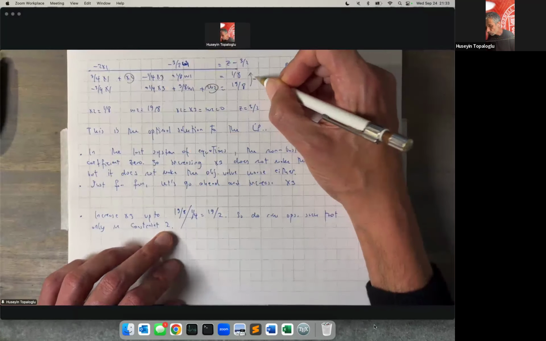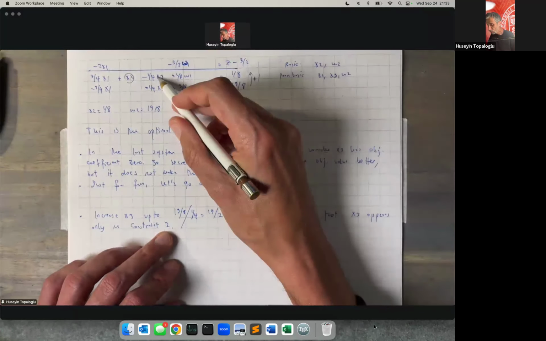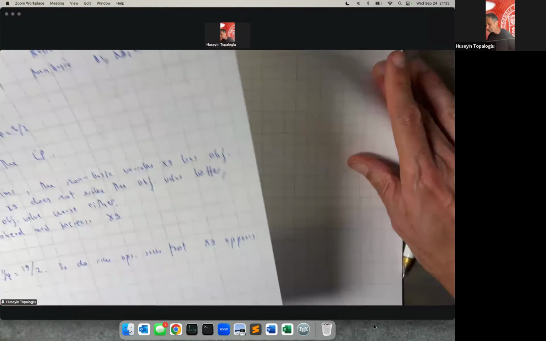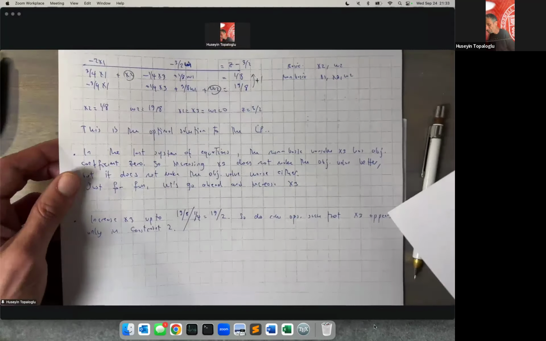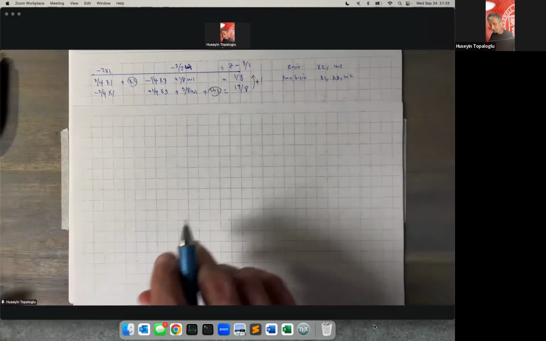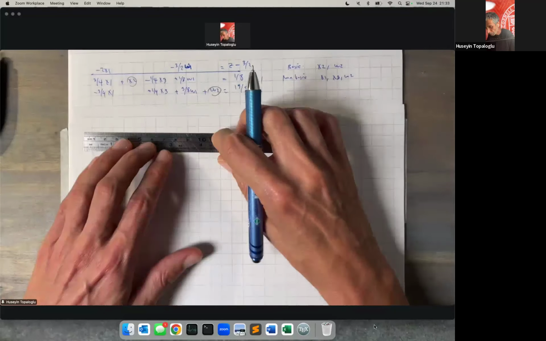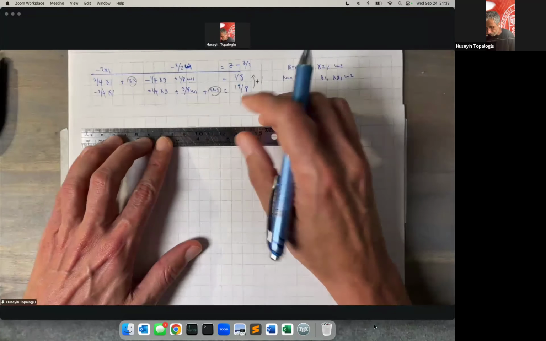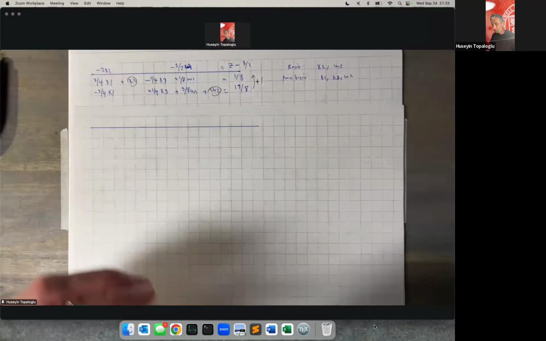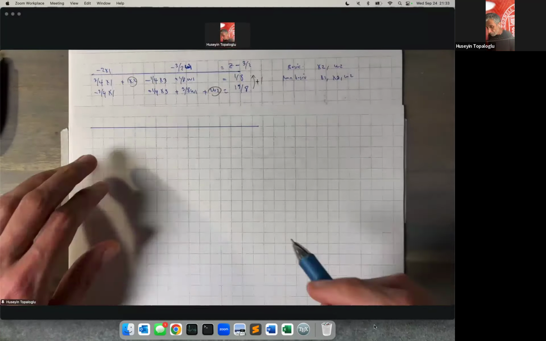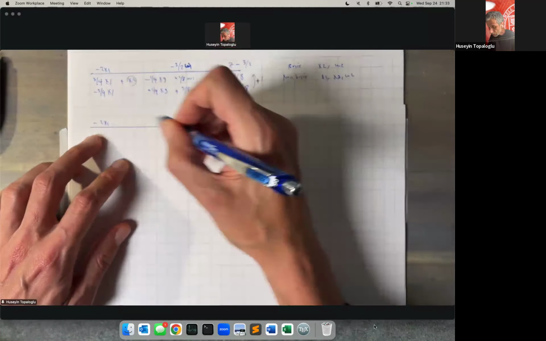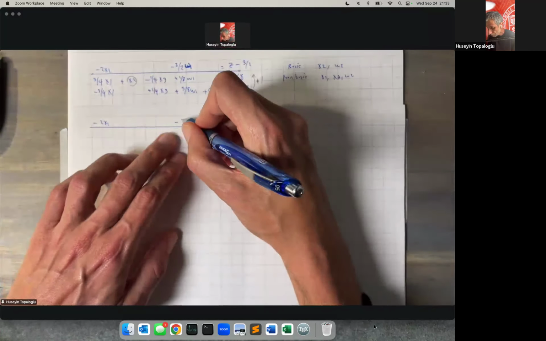So take the second constraint row, multiply it by 1, add it to the first constraint row so that x3 is going to disappear from the first constraint row. Write the objective row as it is because x3 is already gone from the objective row.